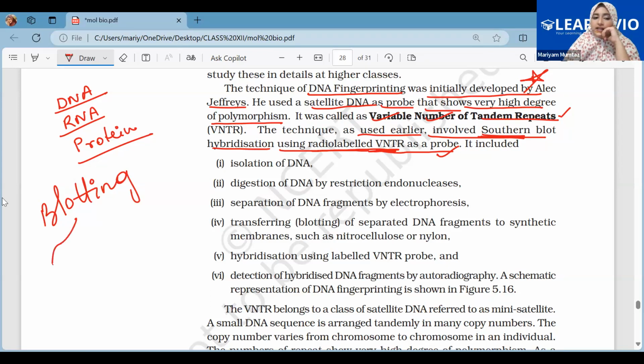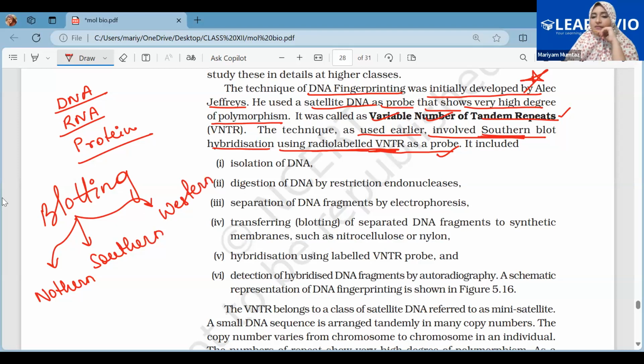We have northern blotting, southern blotting, and western blotting. One of them is for DNA, one for RNA, and one for protein. Now I'll give you such a nice trick that you will always remember.